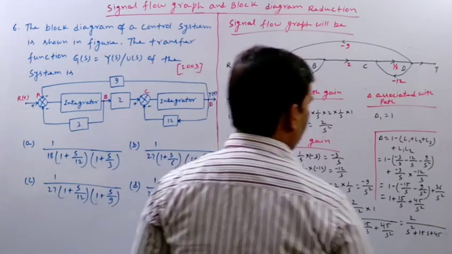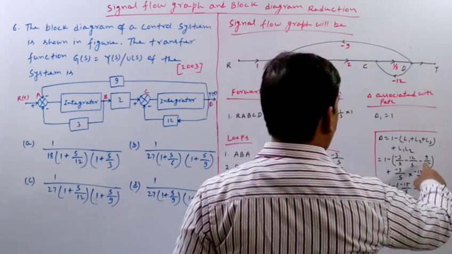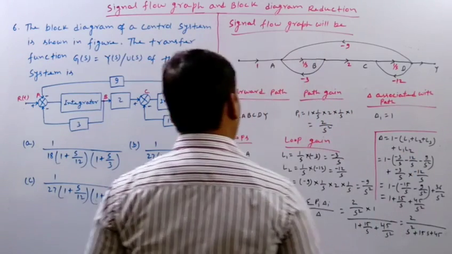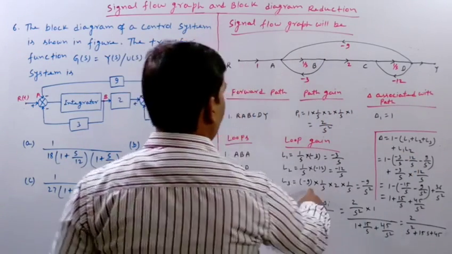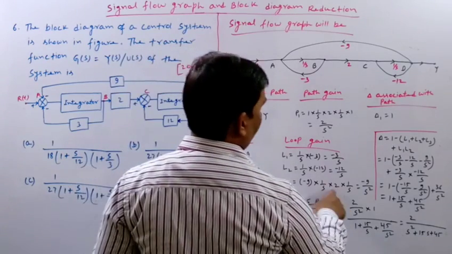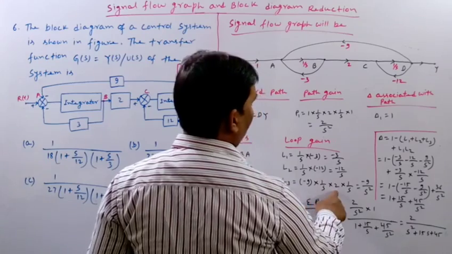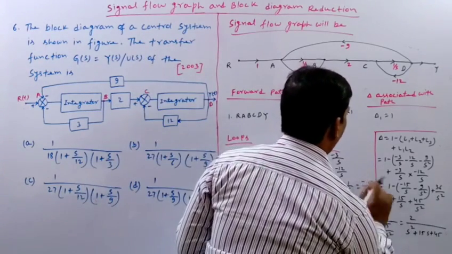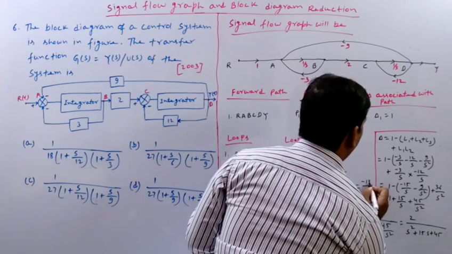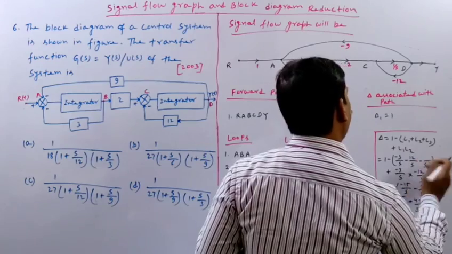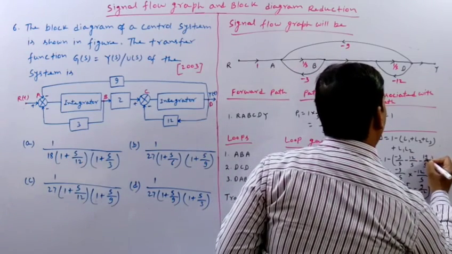One more thing: here, for L1 plus L2 plus L3, L3 I have written wrongly. It will be 9 multiplied by 2, so it will be 18, not 9. We have to make this change always.